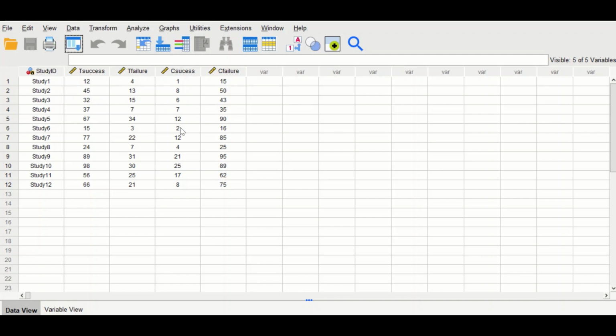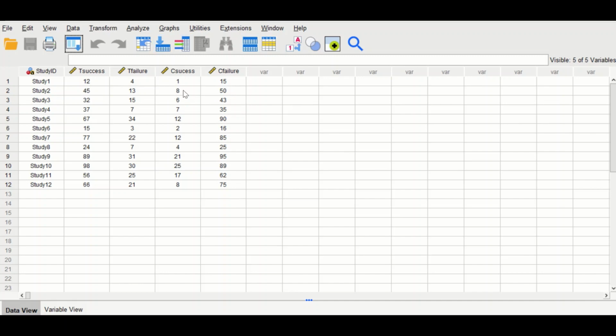The second group is the control group or the placebo. This group has not been given any treatment and the participants are used for referencing. So the control group has two variables in it.